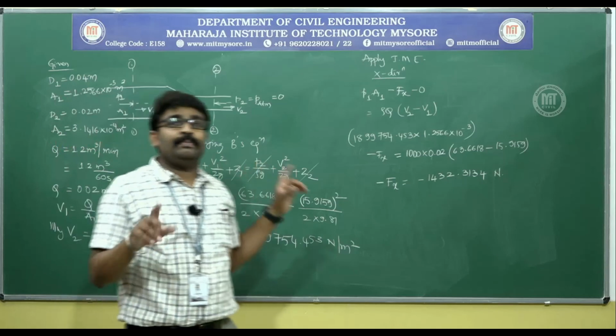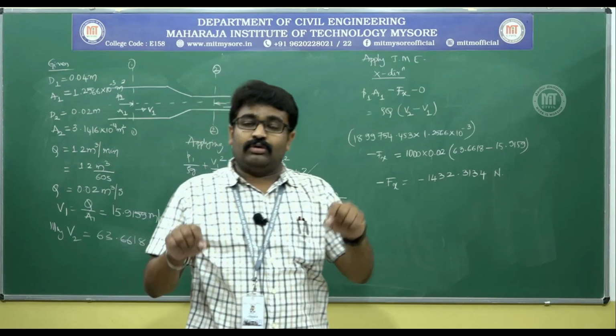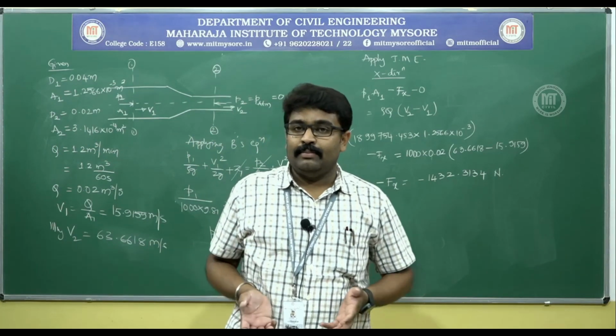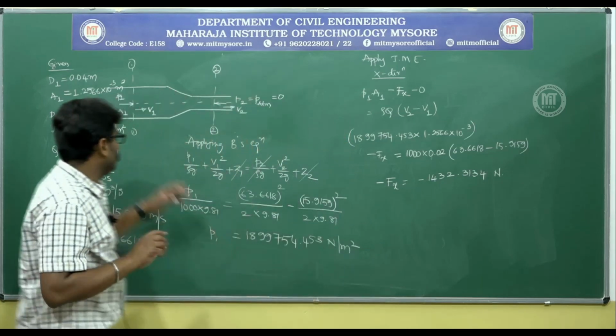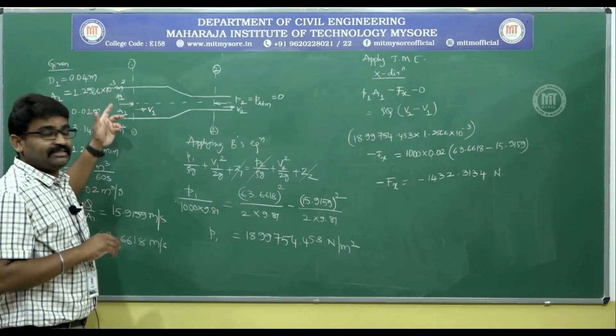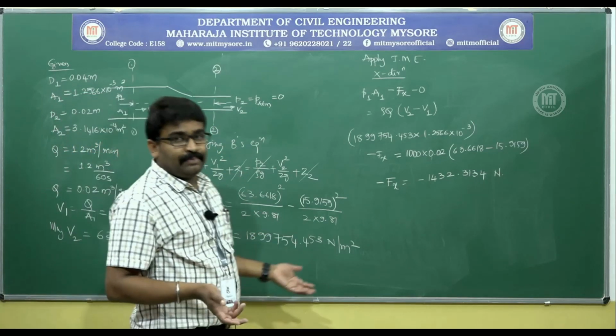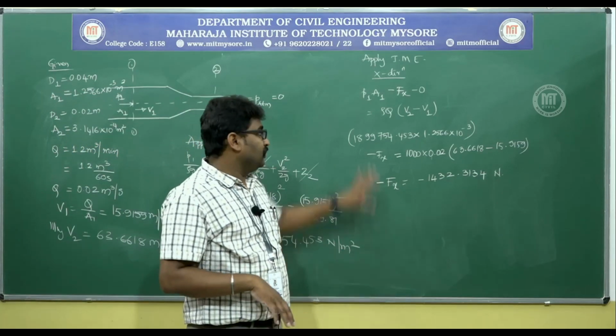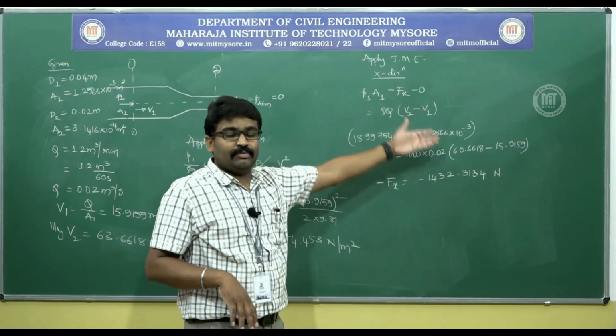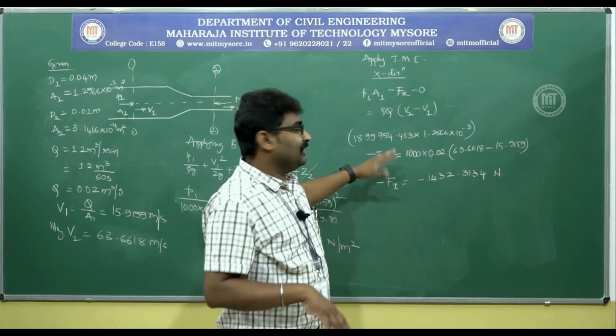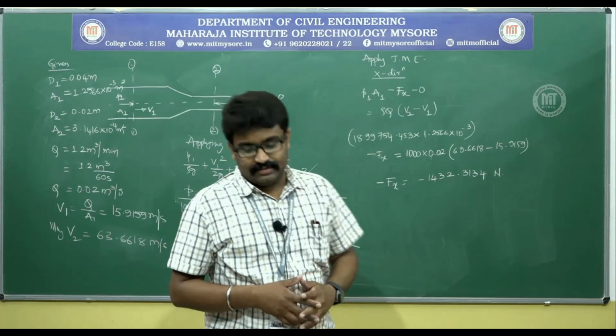That means P1 and P2 are to be found out. That means again you will have to apply Bernoulli's equation, for which he has given you pressure at inlet, that is P1 is given. To find out P2 you can apply Bernoulli's equation and get P2 as well. Once you get P2, again apply impulse momentum equation in x direction, you will get what is Fx.